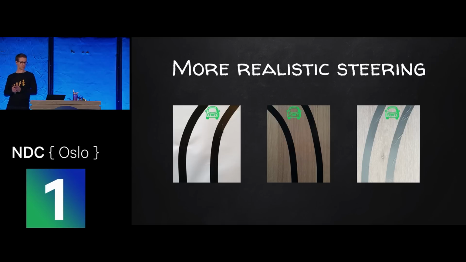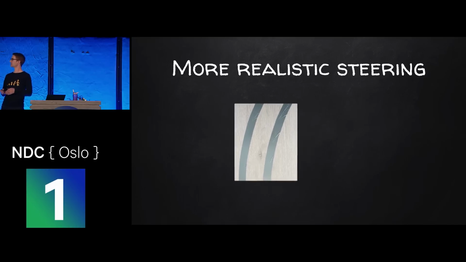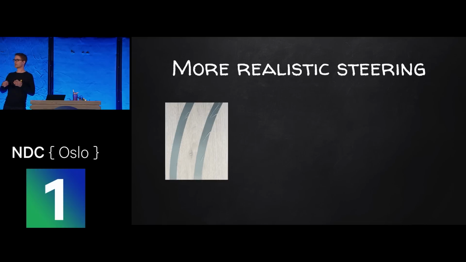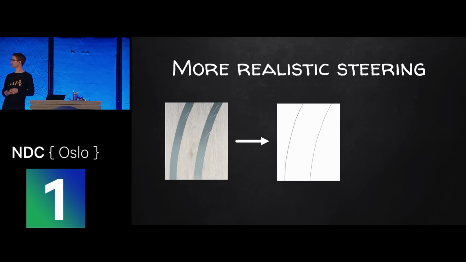Well, maybe instead of doing everything in one machine learning model, you could maybe do it in several steps. First step could maybe be to find where the road is.